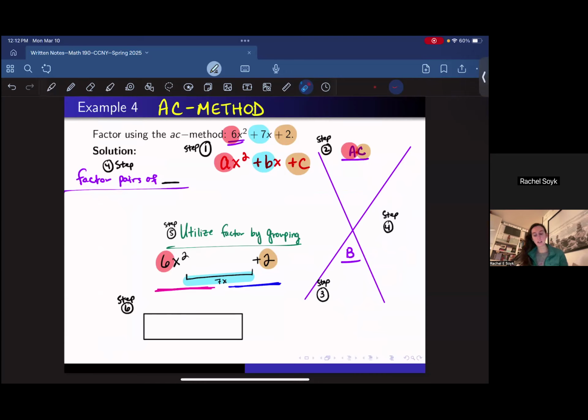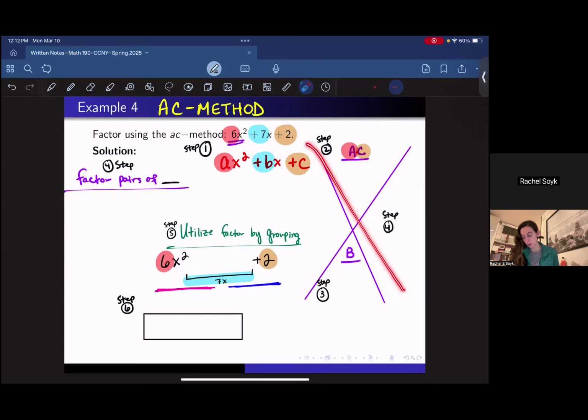I already set up the steps for the first example, and then we're just going to be filling in the blanks a bit. So notice how I highlighted my A, B, and C accordingly so that we can easily identify that our A is 6 here, our B is 7, and our C is 2.